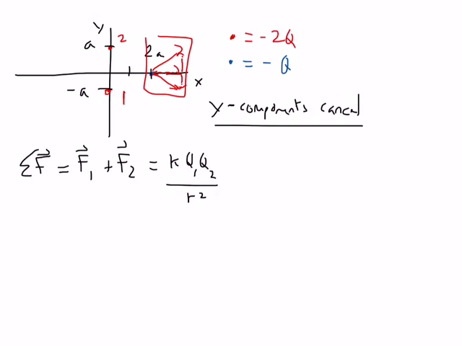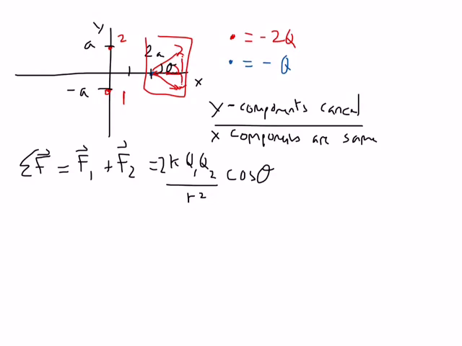But the x components are the same magnitude in the same direction. So F1 plus F2 is actually just 2 times the x component, which is that cosine theta thing. We'll figure out what cosine theta is in a second, but that's the angle that would give us the x component.